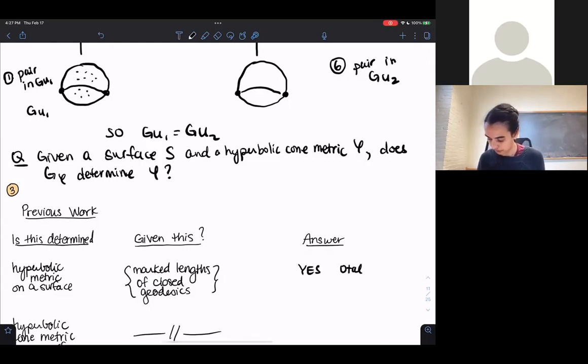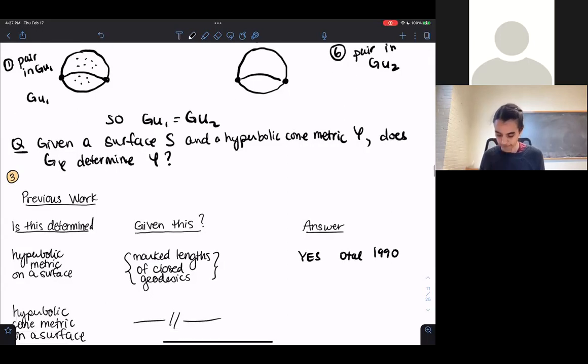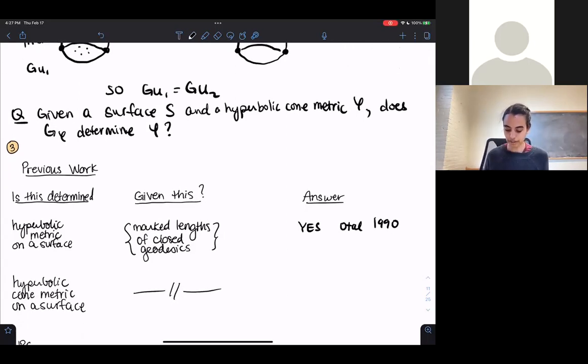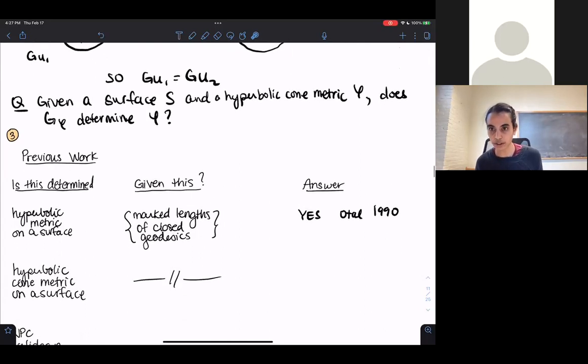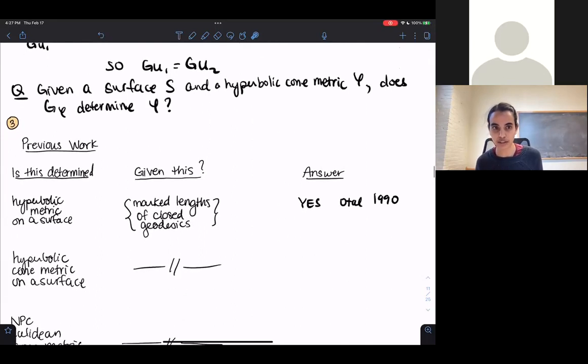And this is done by Otal. Okay, next question. Suppose you have a hyperbolic cone metric on a surface, and again, you're given the marked length spectrum. Hopefully now you can see.